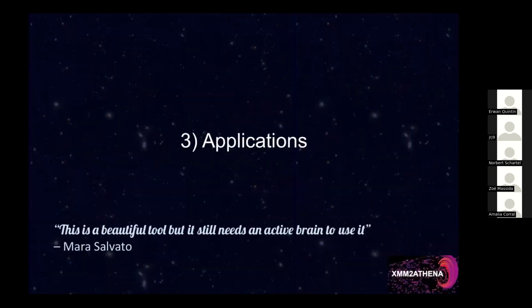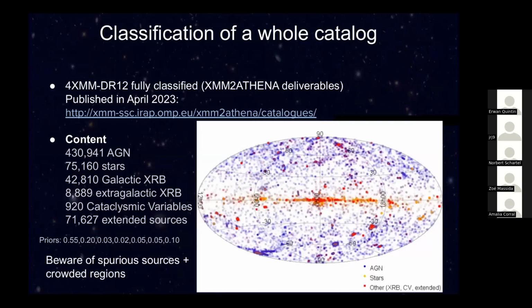This is not taken into account. This is why I say that these results should not always be trusted for faint sources, because training sample sources are typically brighter. For example, you can imagine that distant AGN, which are not identified, will not necessarily have an optical or infrared counterpart.